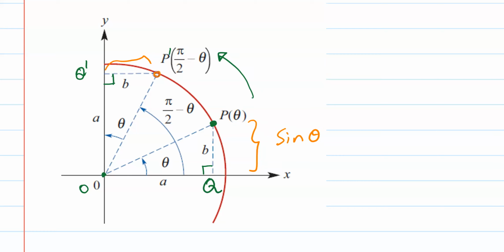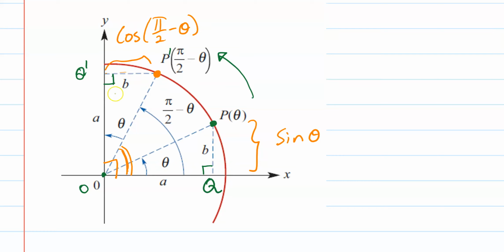Now for this particular point that I'm going to put here, the horizontal length is the same as that height and can be written using this particular angle. I know this is 90 degrees. If that is theta, the angle I'm looking at here is 90 minus theta, which is pi on 2 minus theta. Hence, I can write down that length as cos pi on 2 minus theta.